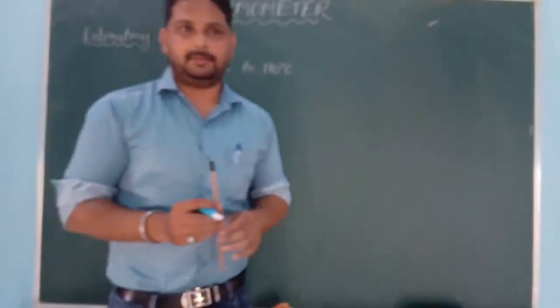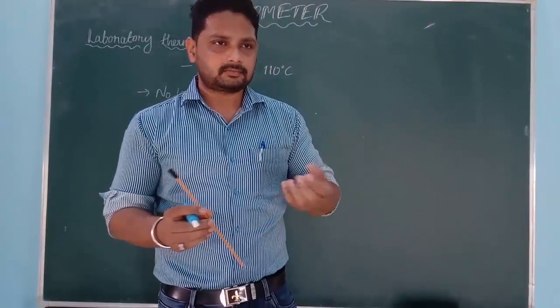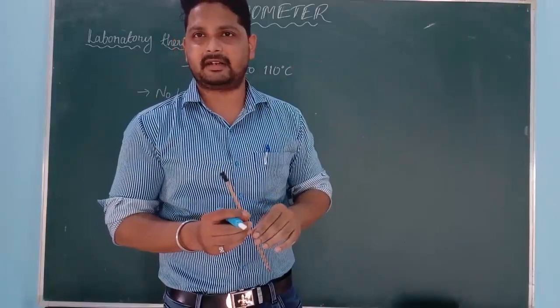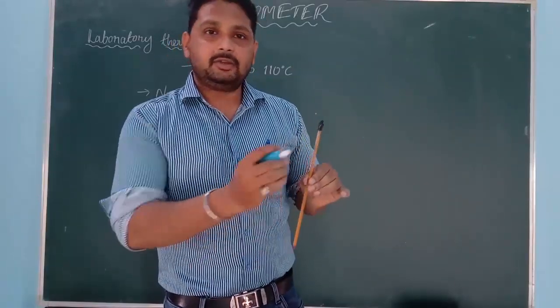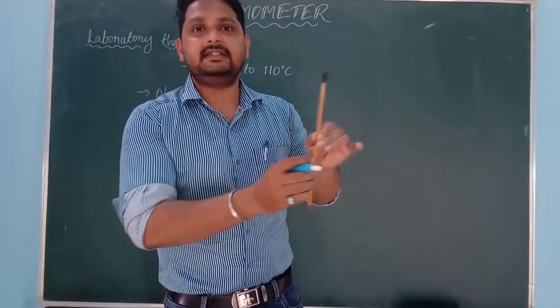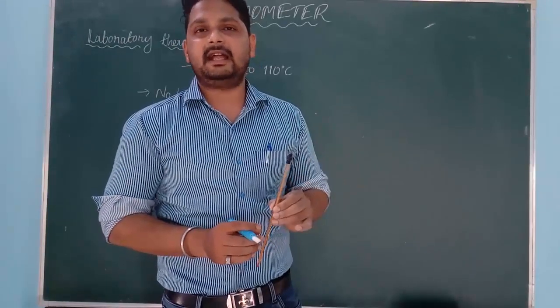Unlike the clinical thermometer, where we used to take the thermometer out of the mouth and see the measurement, in this case we can't do that. With a laboratory thermometer, you take the measurement while the thermometer is inside the object. Why is that?